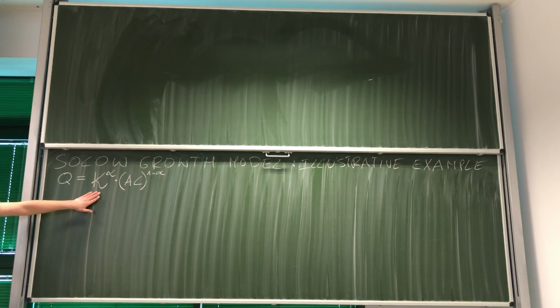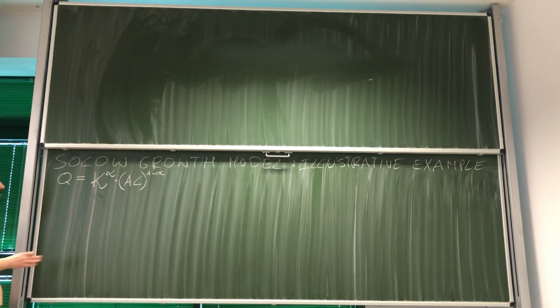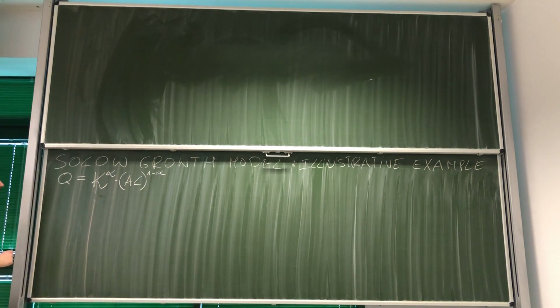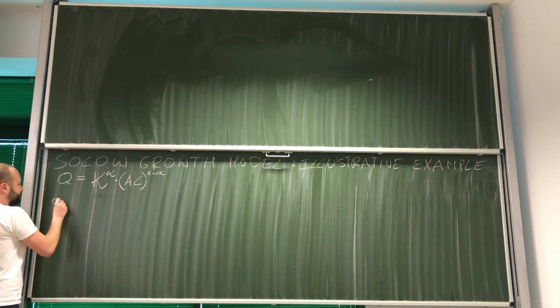In this case, we can easily demonstrate that we have constant returns to scale, because the sum of those two exponents is simply 1, but let's demonstrate it.